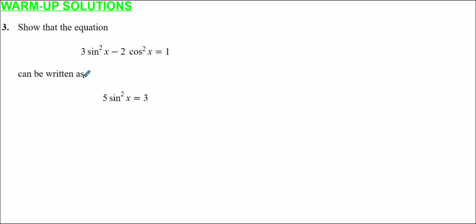This is what I said you need your trig chops well oiled for. So we need to just rewrite this as that. And so I'm going to start with 3 sine squared x. It's going to copy it out essentially. Minus 2 cos squared x equals 1.